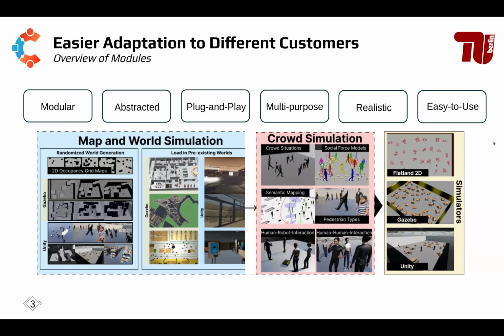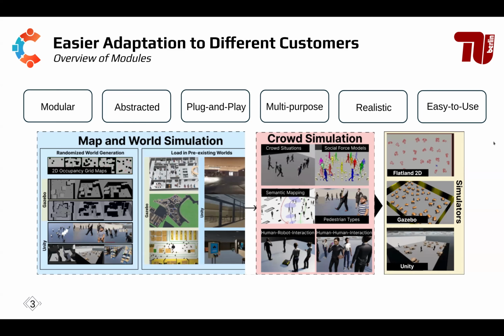We can generate a lot of randomized worlds, indoor and outdoor. Or you can also have a predefined map. For example, we have our NUS campus, or we have warehouses which we use from open source repositories, and then you can import them into our simulator, and then you can test your approaches.